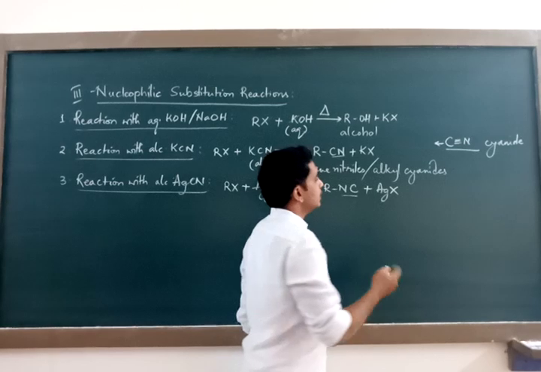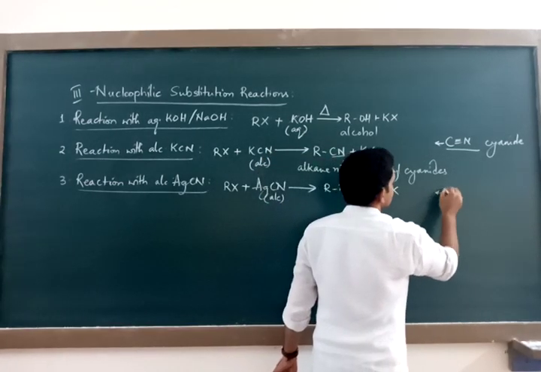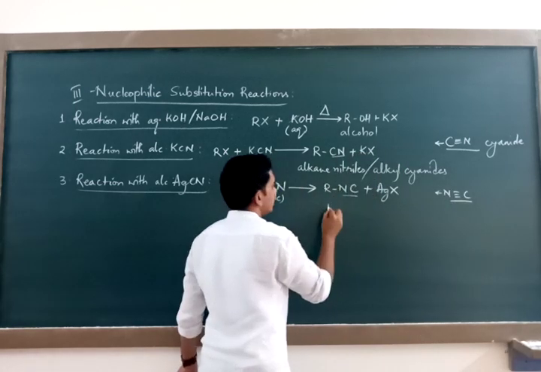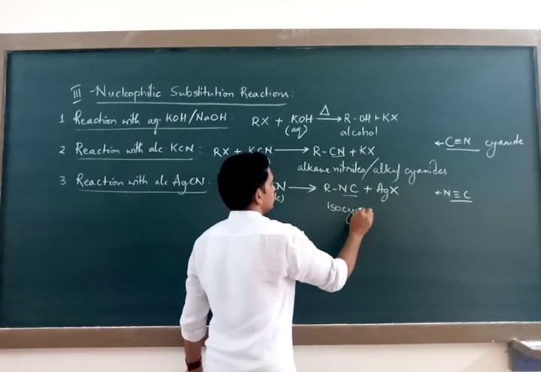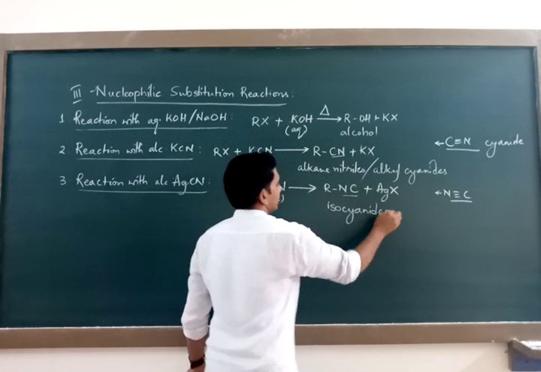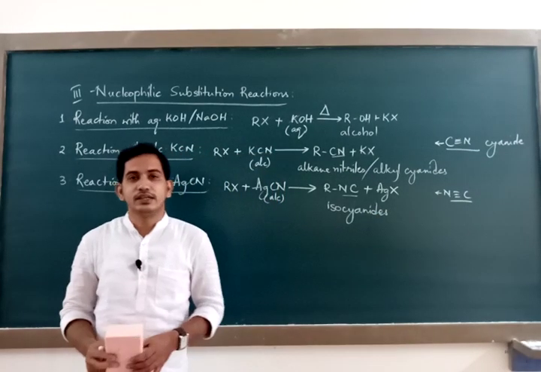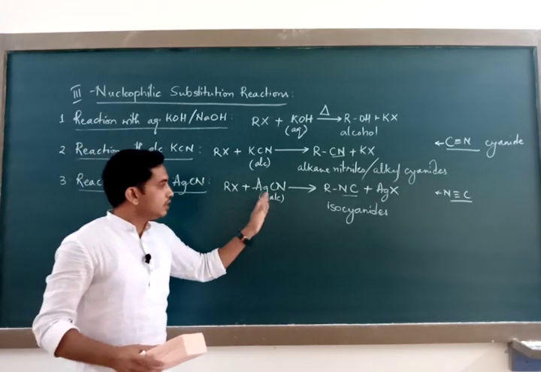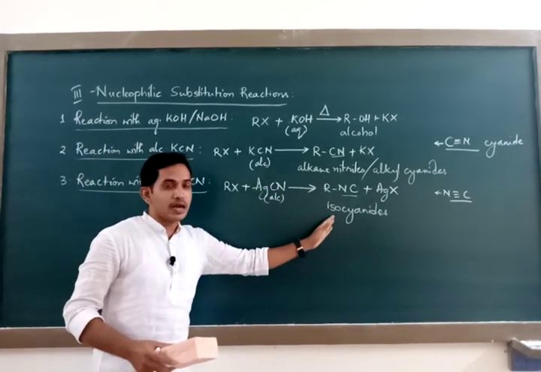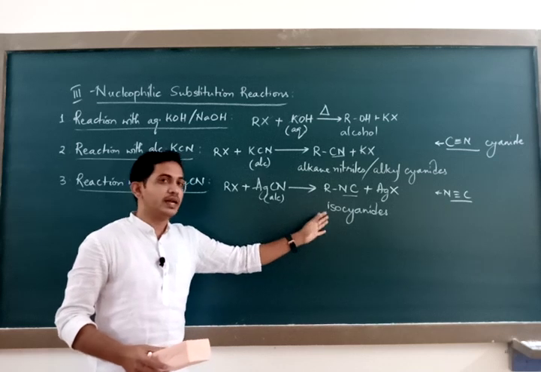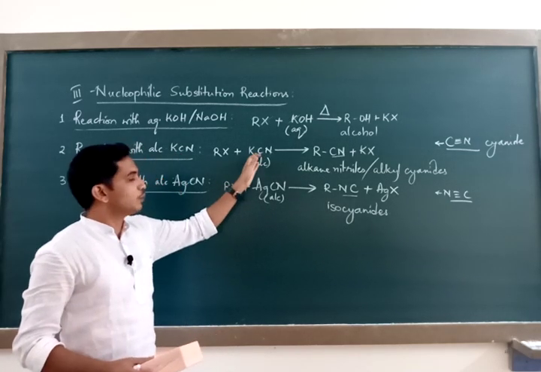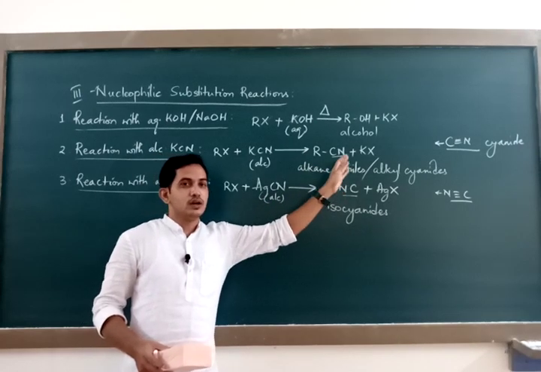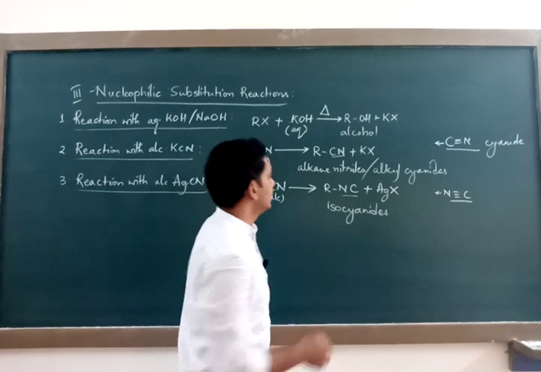If the mode of attachment is through nitrogen, then they are called isocyanides. So whenever haloalkanes react with alcoholic silver cyanide, you will get isocyanides or isonitriles. If they react with alcoholic potassium cyanide, then they will give you alkane nitriles or alkyl cyanides.